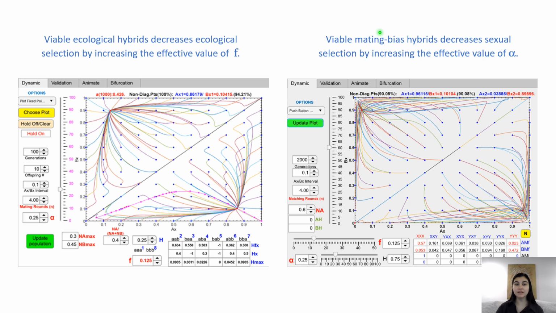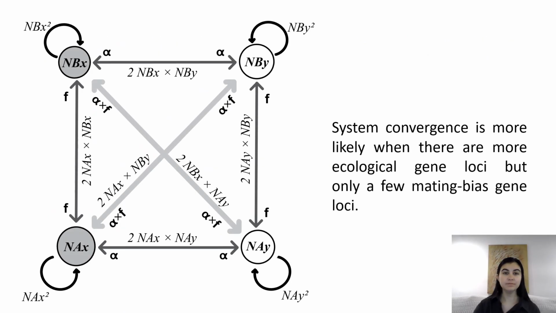Now, based on our findings, the system will still converge to a fixed point. However, as shown below, we will still get a distribution of hybrids closer to each extreme. Therefore, the fixed points will be weaker and produce weaker reproductive isolation between the two niche groups. Based on these observations, we can conclude that system convergence is more likely when there are more ecological gene loci because the hybrids are non-viable in our model.